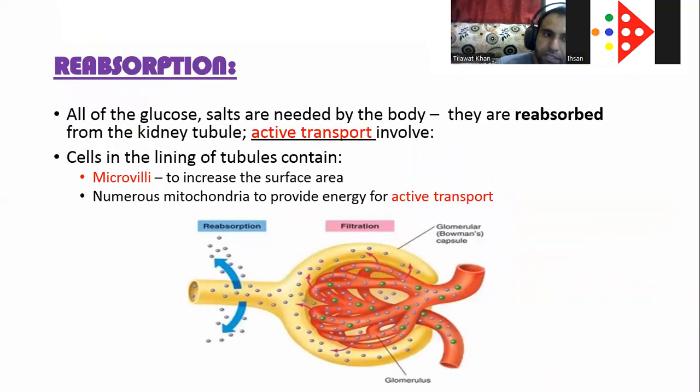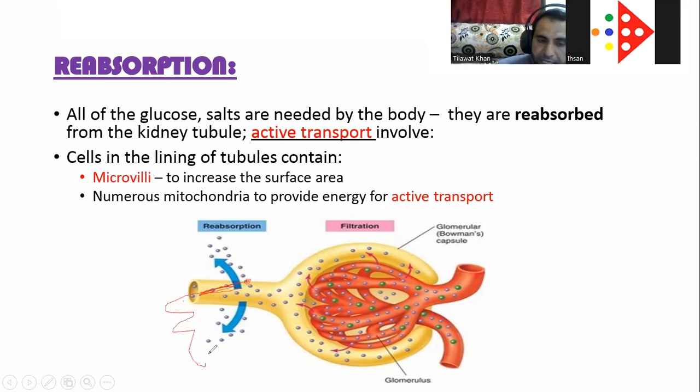Selective reabsorption: glucose and salts needed by the body are reabsorbed from the kidney tubule by active transport. Look at the cells where selective reabsorption is happening, for example in the proximal convoluted tubule.